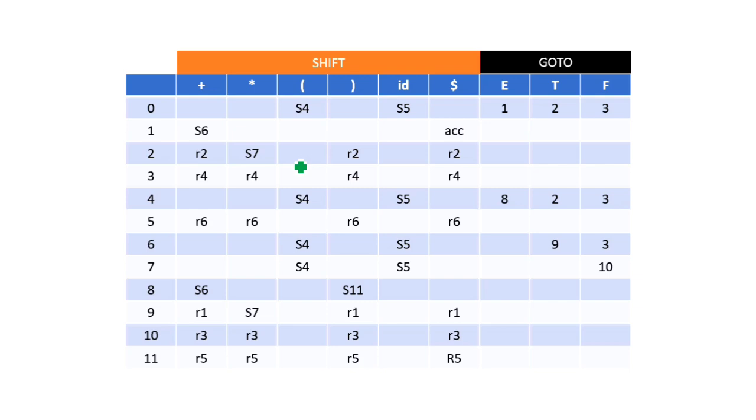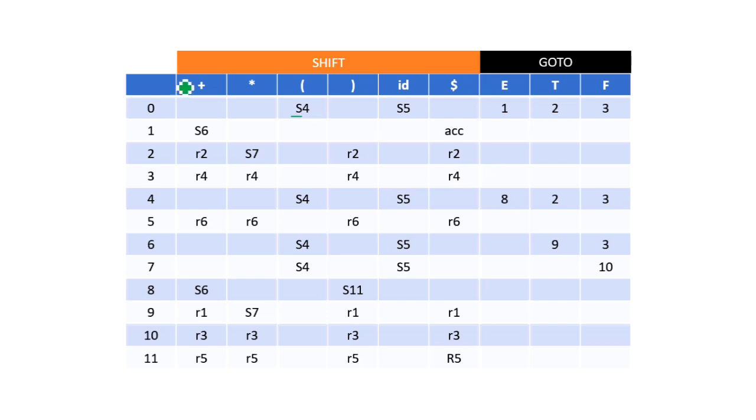So there is a small change. S means shift. And if there is a production where the dot is at the end, then we see the corresponding follow for the non-terminal and fill in the production number in the columns of the follow set values. That's how it proceeds.